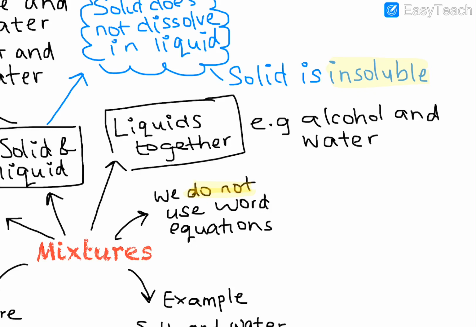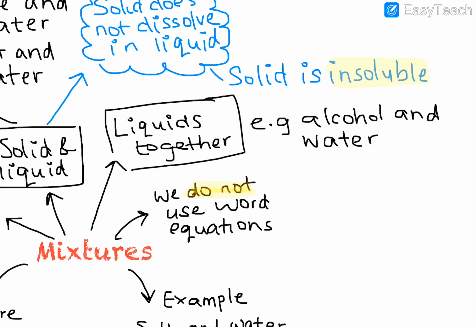Now, again, you could have liquids that mix together and combine. When alcohol and water combine, you cannot see the water, you cannot see the alcohol, everything is mixed together. So we say that they dissolve in each other.